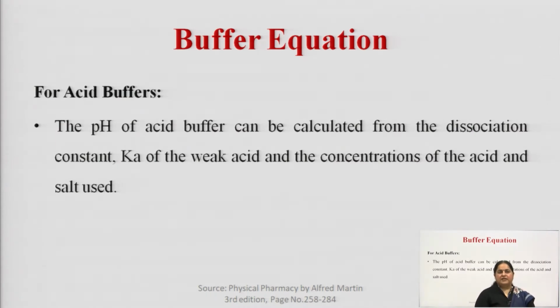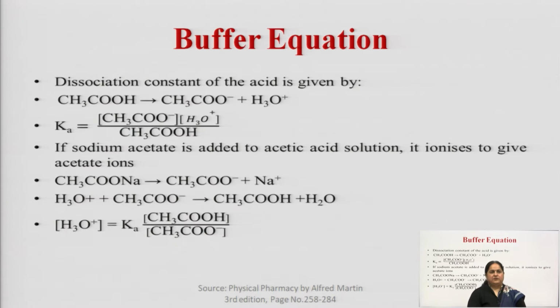For the case of acid buffers, I have taken the example of acetic acid as the weak acid and its salt sodium acetate. So, we are taking this example to describe the buffer equation for acid buffers.